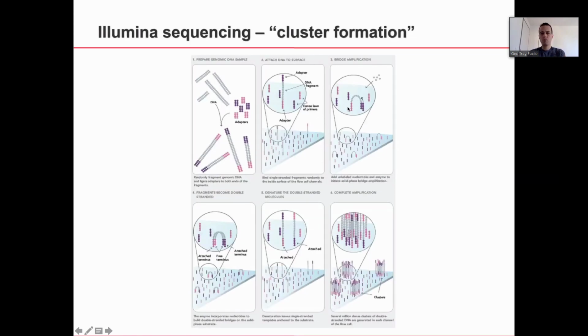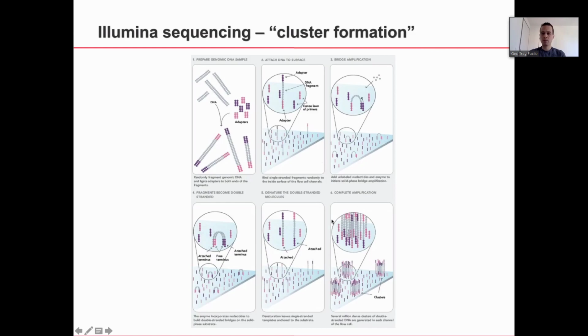And what we do is the so-called bridge amplification, where the second adapter actually flips over, also attaches to the surface, and now we can amplify across in the other direction. So here we have a single strand, which then folds over, and we can then generate the second strand. And this happens a whole bunch of times.